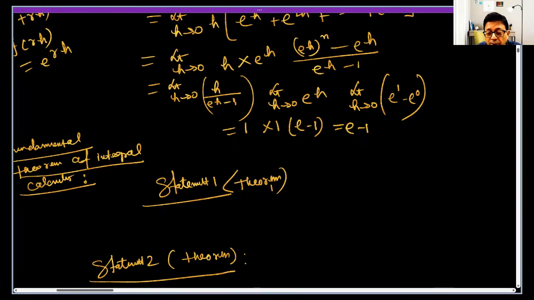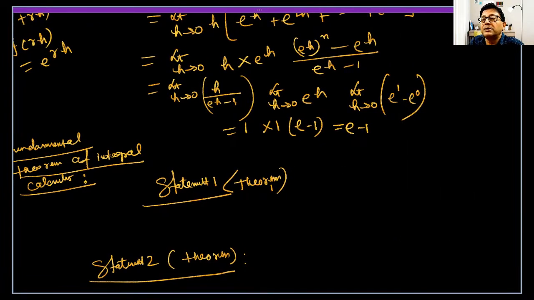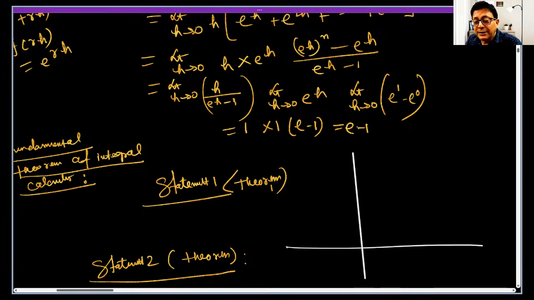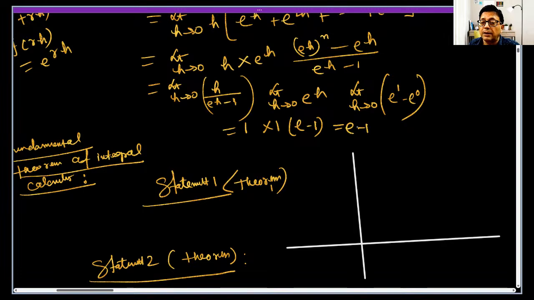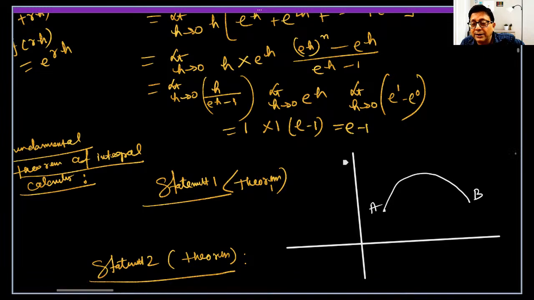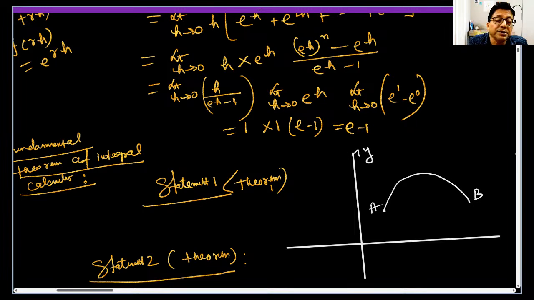So, if I take the function y equal to f(x), then the area bounded by the curve between 2 points A and B, as we have seen, is integral A to B f(x) dx, isn't it?